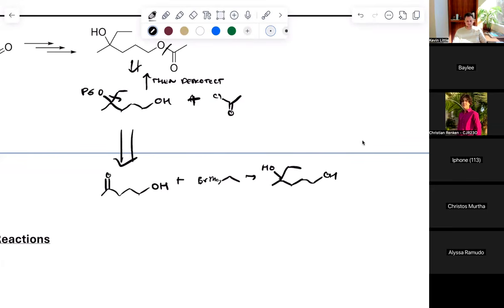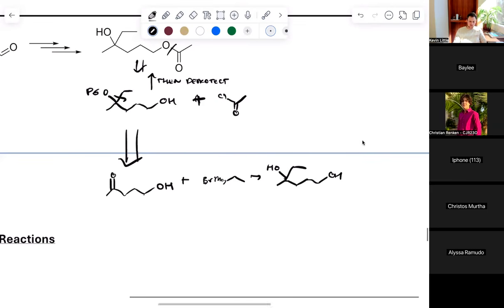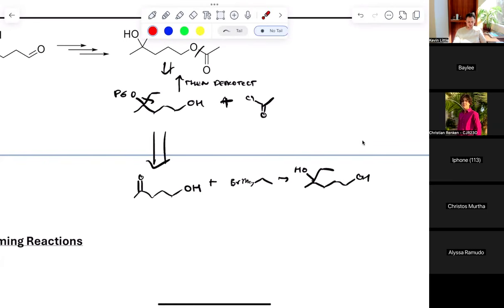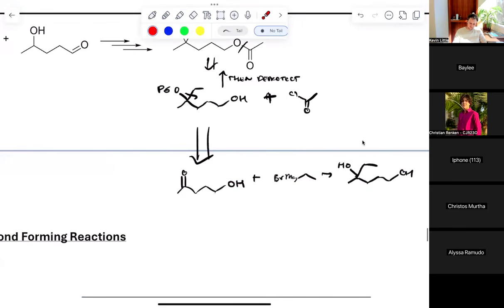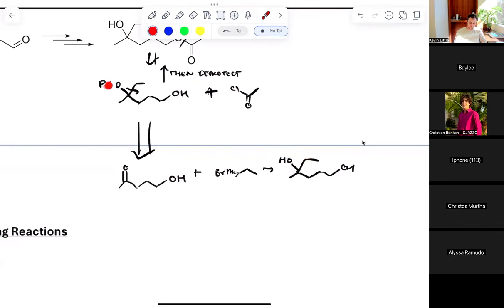Wouldn't the Grignard attack the H on the alcohol? Yeah, so you can see that this would make all sorts of issues, right? There are all sorts of problems here, because then I couldn't selectively protect this over this.